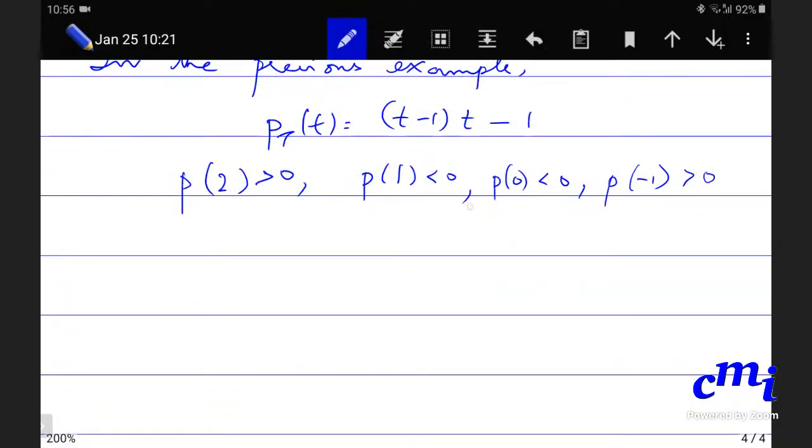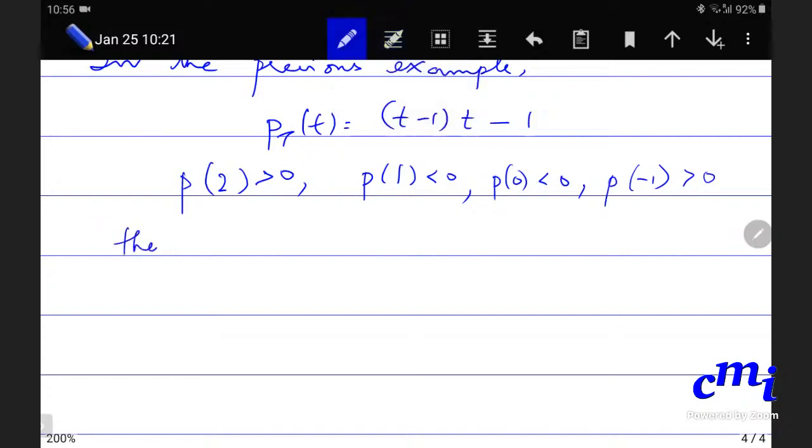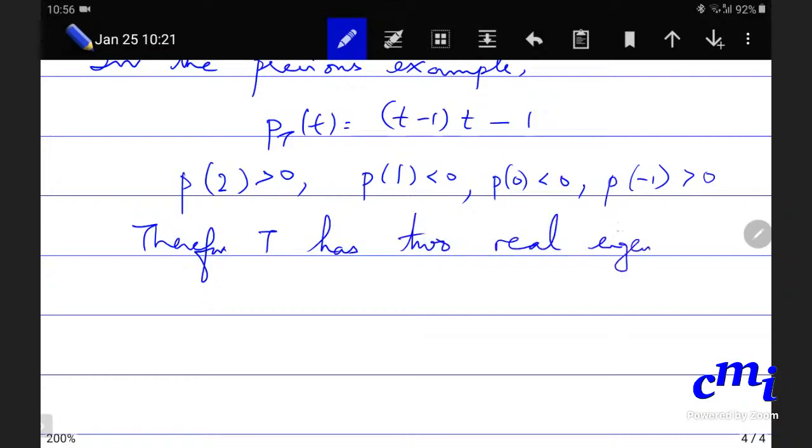Therefore, there are two roots by the intermediate value theorem. Therefore, T has two real eigenvalues. And one can find their eigenvectors.